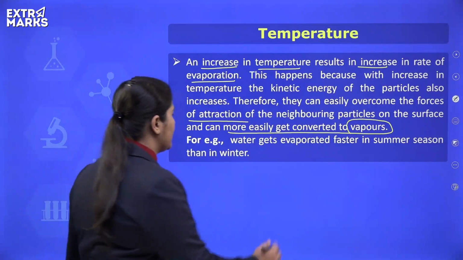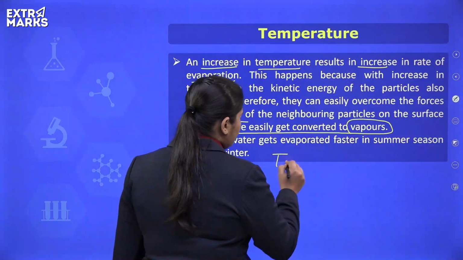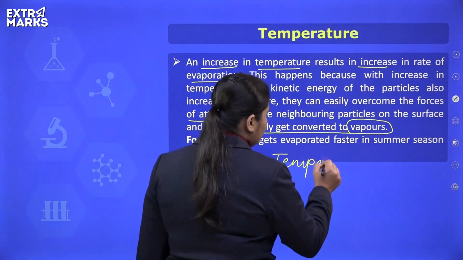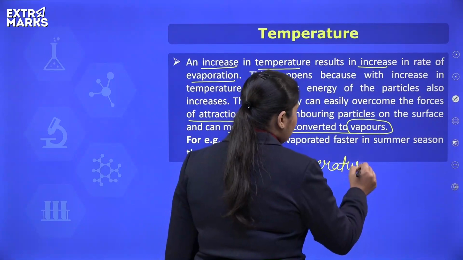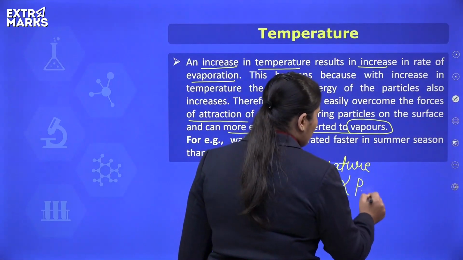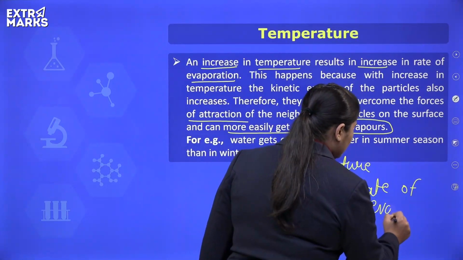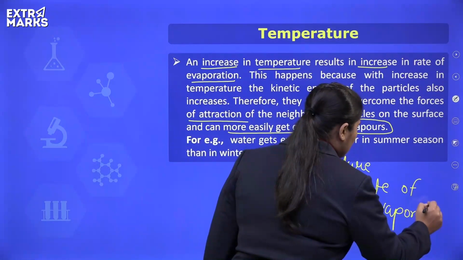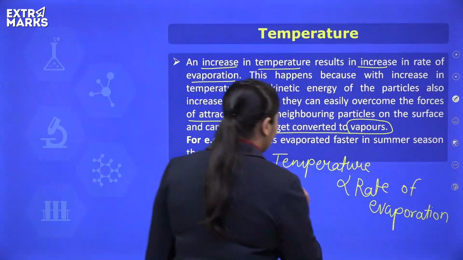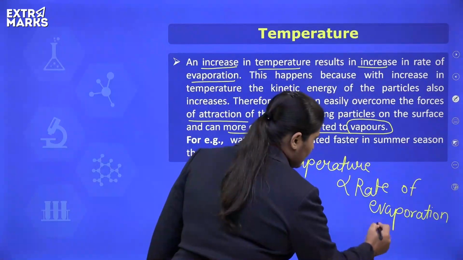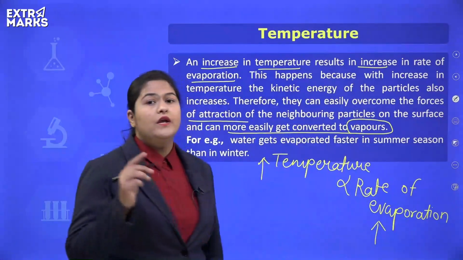So, again you can say that temperature is directly proportional to rate of evaporation. That means with the increase in temperature, the speed at which evaporation takes place will also increase.